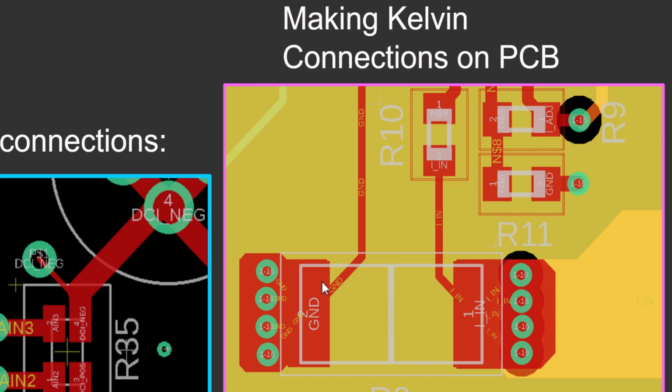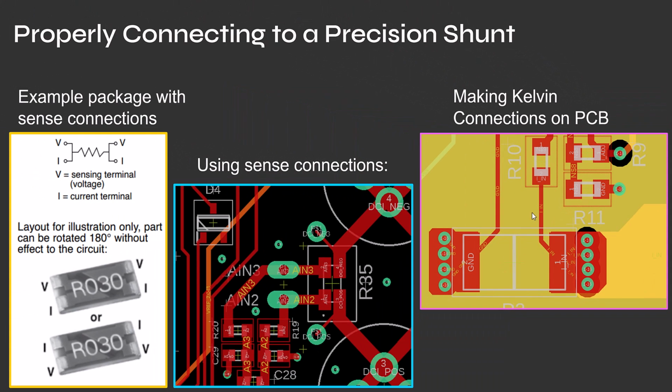So we're trying to avoid that by capturing that voltage right at where the shunt resistor connects to the board. So that's why it's connected this way. And this might seem trivial, but think about it: 1 milliohm, 10 milliohms. If you're using a 100 milliohm shunt, that's a lot of error. So that's why Kelvin connections or using sense connections is critical for high accuracy shunt measurements.